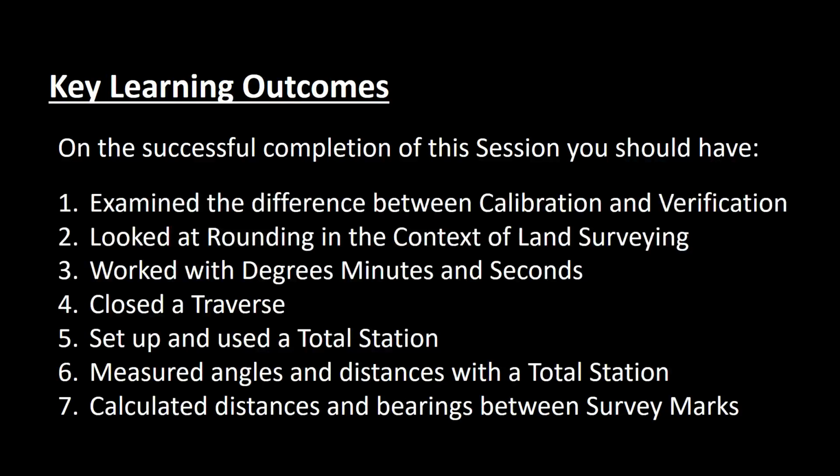So if something is shown to 3 decimal places of a metre, one would assume that it's been measured to the nearest millimetre. If something is shown to 2 decimal places of a metre, to the nearest centimetre. If something is just stated to the nearest metre, we would accept that that is the accuracy. So the rounding is indicative of the accuracy.